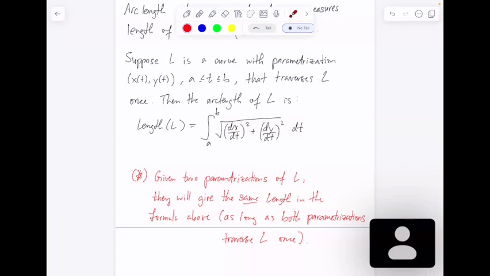All right. The reason for this, roughly speaking, is the chain rule. You write one parameterization in terms of the other. Let's say you have a different parameter, t tilde. You could write t in terms of t tilde, convert one into the other, and by a magical reason, all the coefficients from the chain rule, when you convert this integral, all cancel out and you get the exact same length.